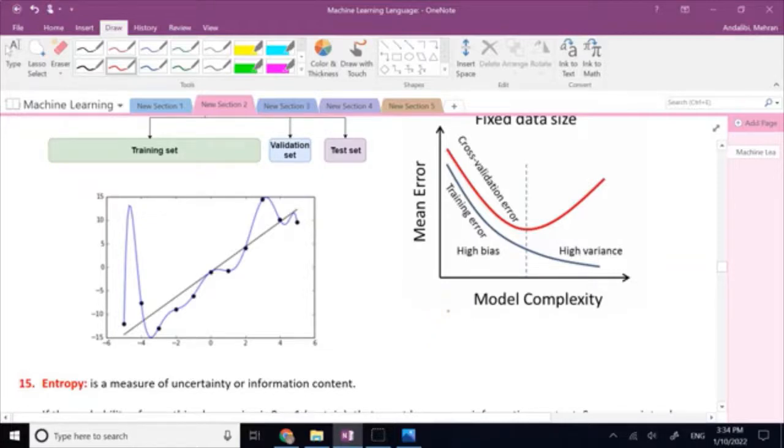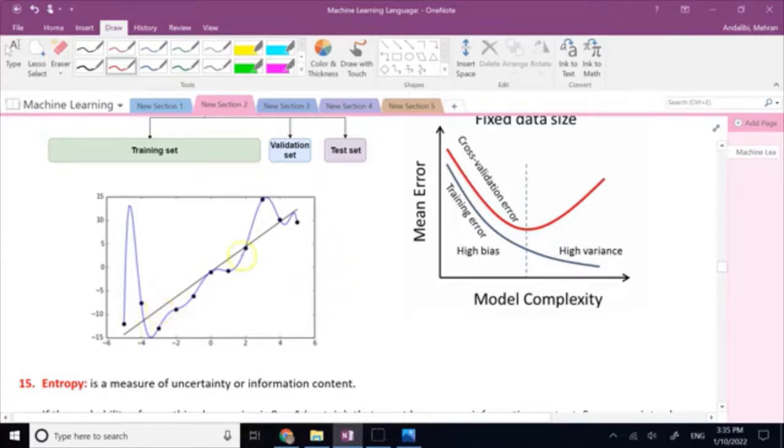So which one should I go with? A line or a 10th order polynomial? Because it seems like 10th order is amazing, it passes through all the data. The problem with the 10th order is overfitting. What does that mean? It means you are making the model more complex than it should be. And how do I know it is more complex?